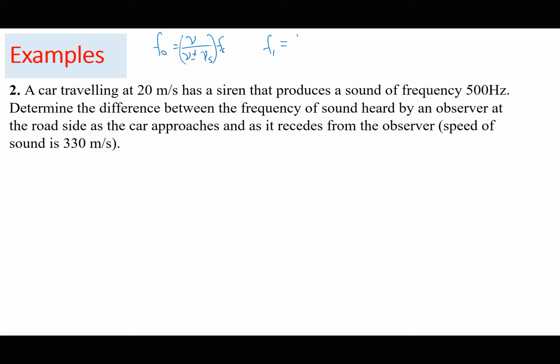The speed is 330, so it will be 330 divided by 330 minus 20, the speed of the source, times 500. That is towards. Then away, I'm going to call it f2. Away is associated with a plus, so this is going to be 330 divided by 330 plus 20. Then I multiply this by 500.